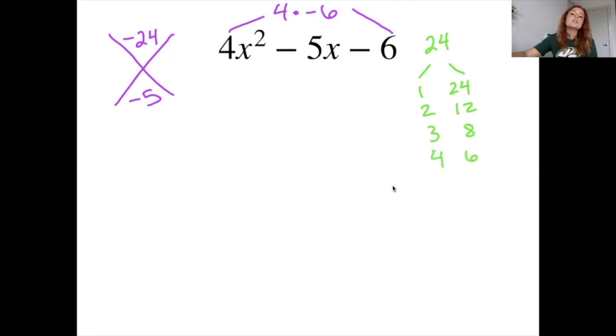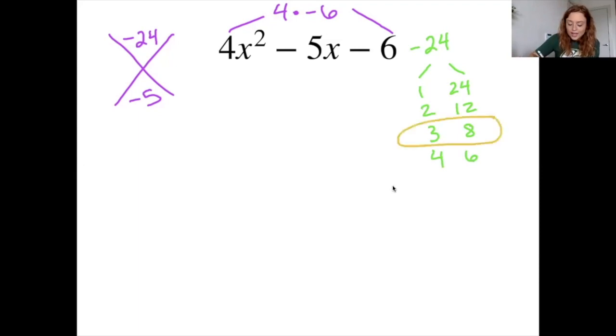Okay, so we have our multiples of 24. And because it's negative, we're going to figure out which set of those multiples, if we subtracted them, would get me back to 5. Well, hopefully you automatically see that it's going to be 3 and 8.